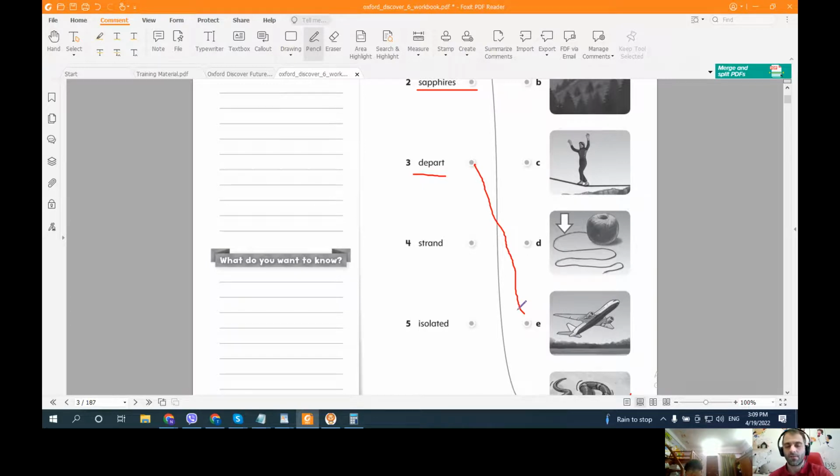Depart is when they start a trip. Okay, airplane departs, starts to fly, departs. So it moves away from the airport.